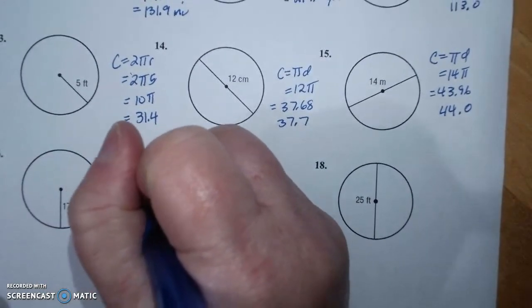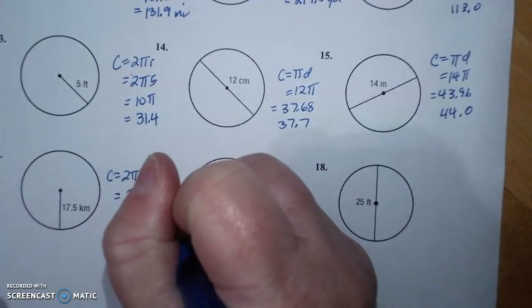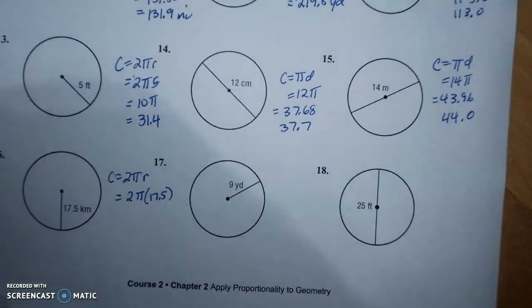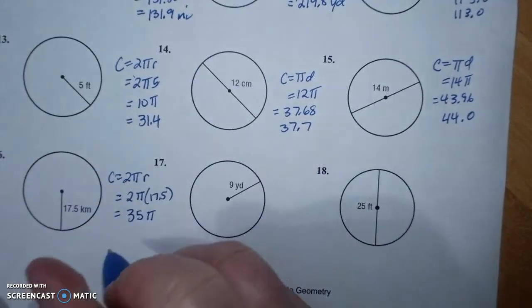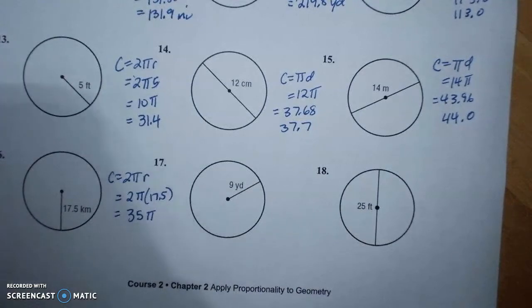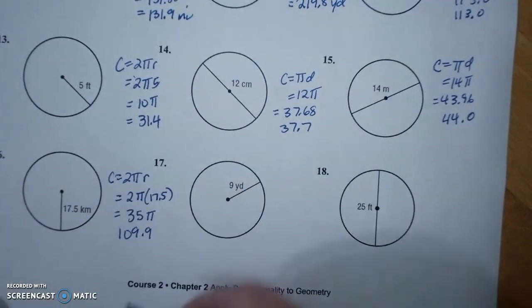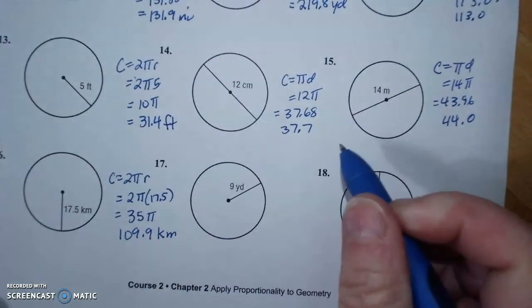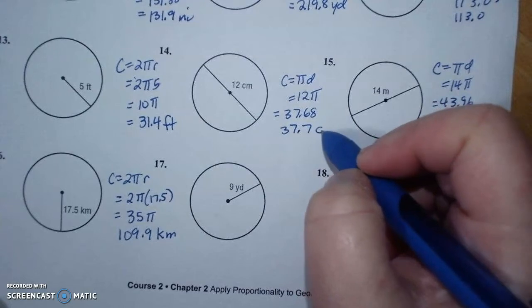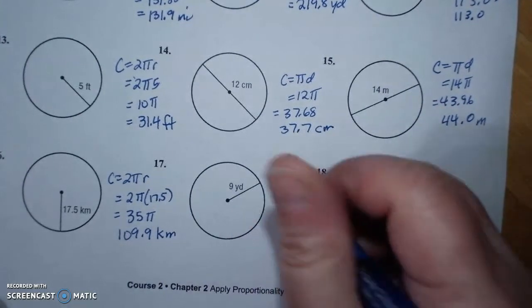C equals 2 pi r equals 2 pi times 17.5. Twice 17.5 is 35 pi. 35 pi times 3.14 is 109.9 kilometers. Look, I'm being lazy and I didn't do this. This is feet. This is centimeters. This is meters, kilometers.